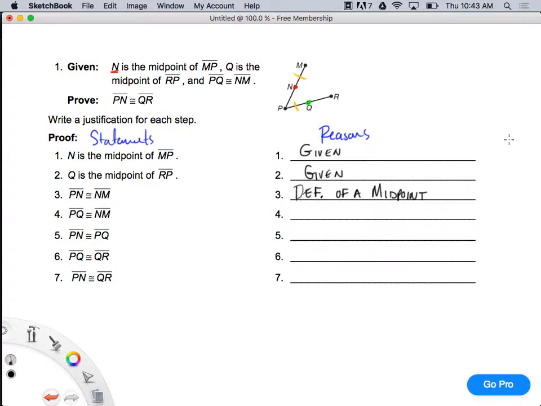Okay. The next one is PQ is congruent to NM. How do I know that? It's given. Exactly. Good. And now number 5 says PN is congruent to PQ. Well, how do I know that?